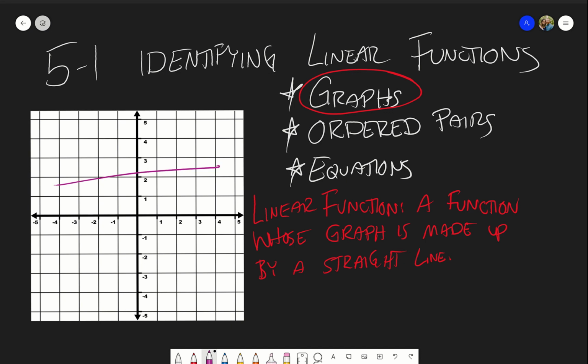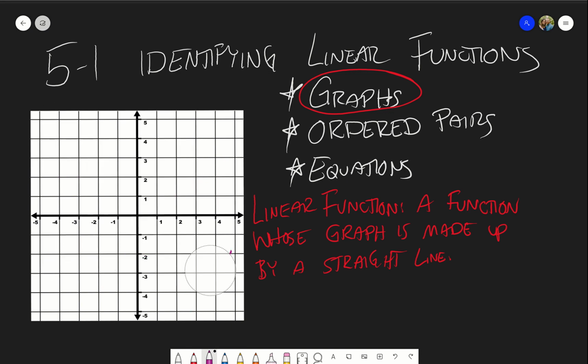Something like this would be a linear function. Something like this would be a linear function. Something like this going straight up and down, linear function. Side to side, linear function. All of these are linear functions. So that is how we can tell that.